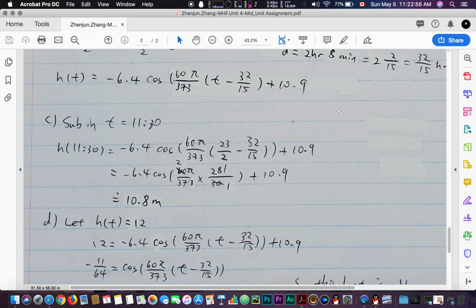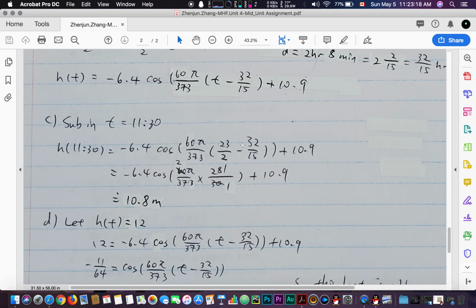So we substitute t equals 11.30 here. So h of 11.30 equals negative 6.4 cosine 60 pi over 373, and 23 over 2 minus 32 over 15, plus 10.9, and then we get this.